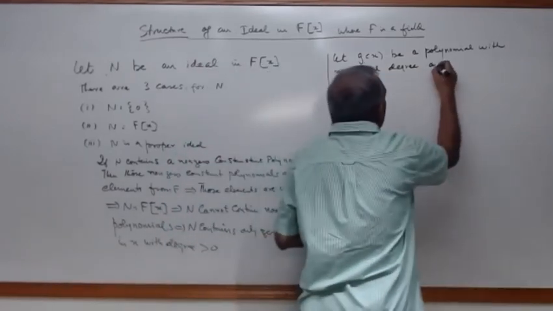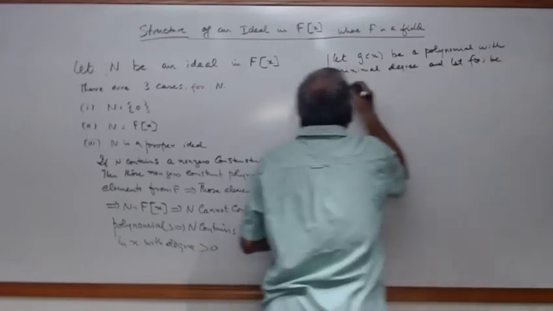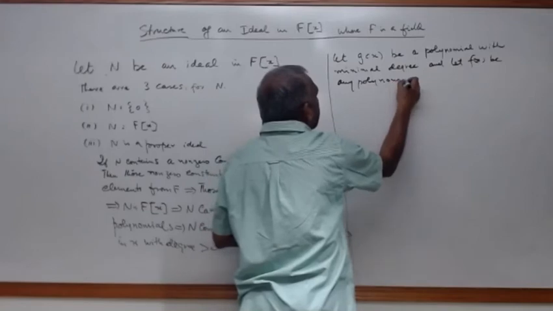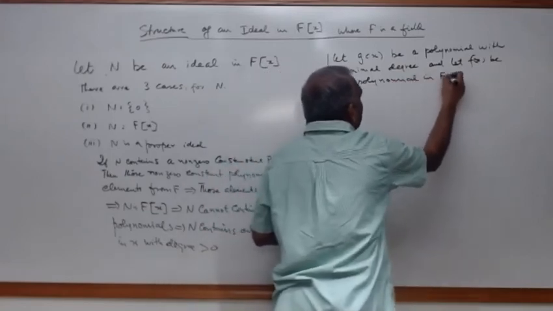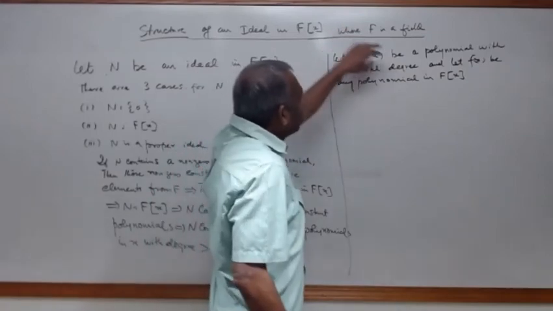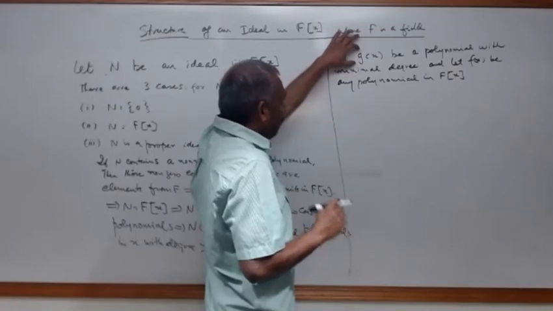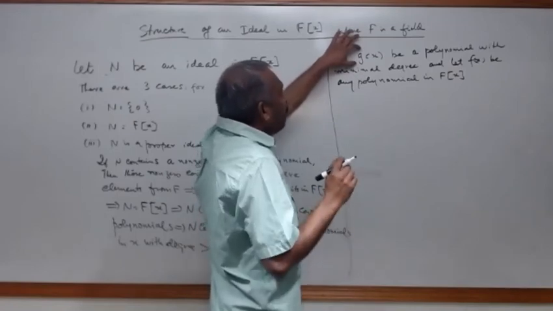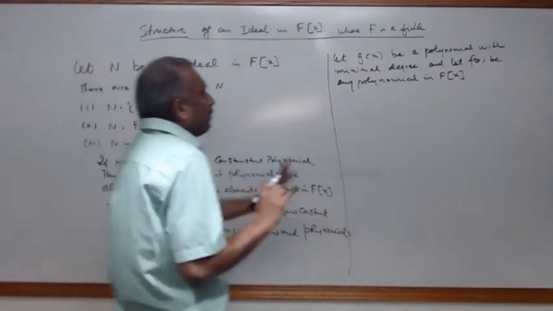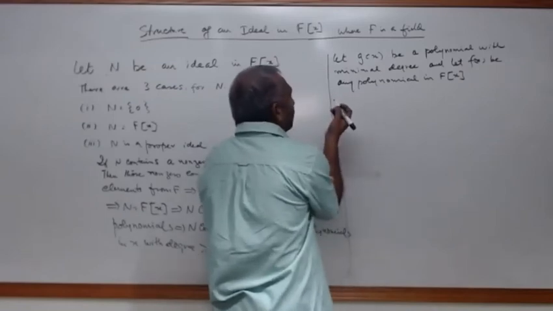And let f(x) be any polynomial in N. So we have two polynomials, g(x) and f(x). The property of g(x) is that it is the polynomial which has got the lowest degree in N, and f(x) is any other polynomial. Then you apply the division algorithm.